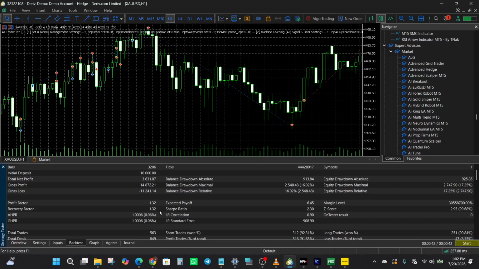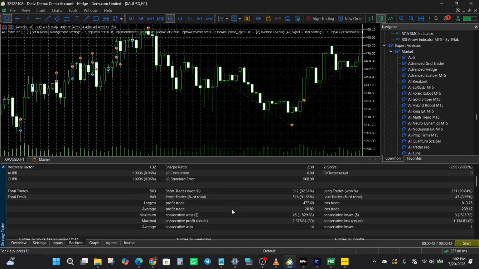Given how much the average loss size outweighs the average win, this is a system where the size of these occasional larger losses matters just as much as the very high win rate. So I would recommend testing this across the other supported symbols yourself and paying close attention to how the break even and pullback filter settings affect that average lot size specifically.